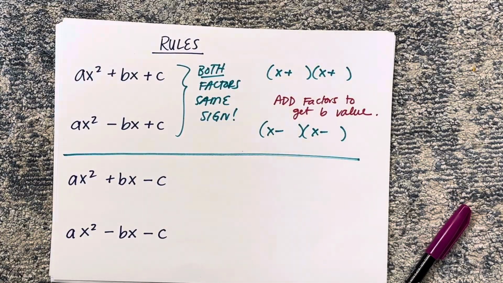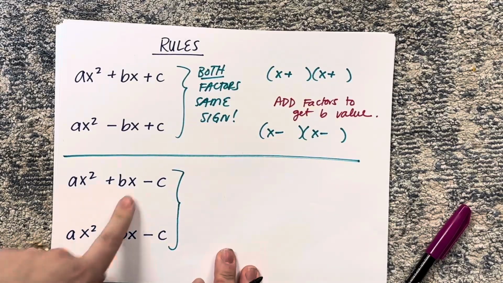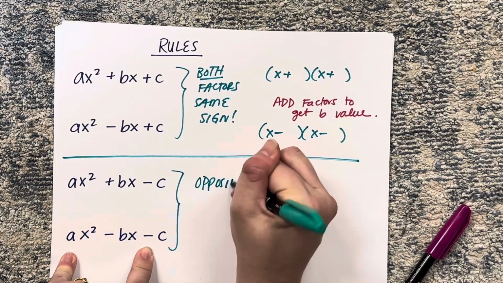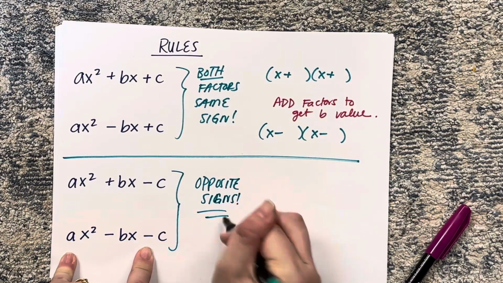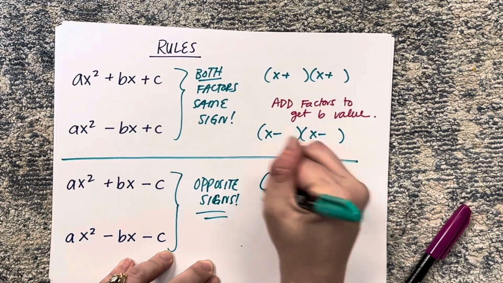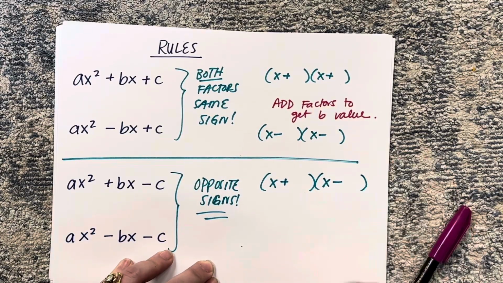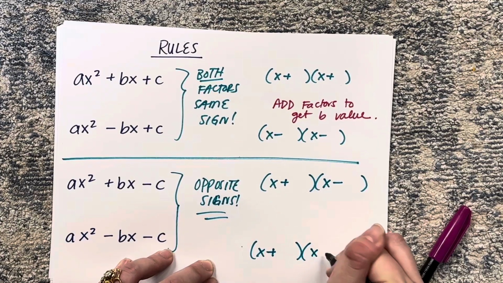Versus. Okay, now I have a negative c. So if I have a negative c, then that means I have opposite signs. Okay, so your factors are always going to be opposite. You're going to have one of them have an x plus and one of them have an x minus. X plus and an x minus.